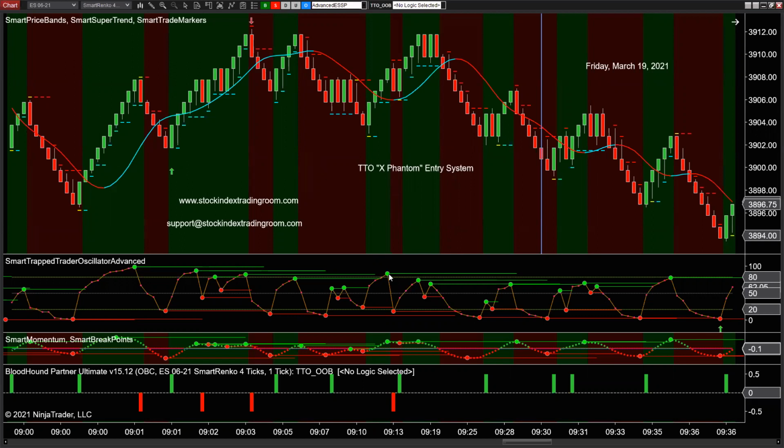So Trapped Trader Oscillator in an extreme, and we've coded this little cheat sheet in Bloodhound that reads this for us. And the reason I bring this up is that we look at this bar right here on the right side of the screen, and boy, that looks like it's right on the line and we can't quite tell.